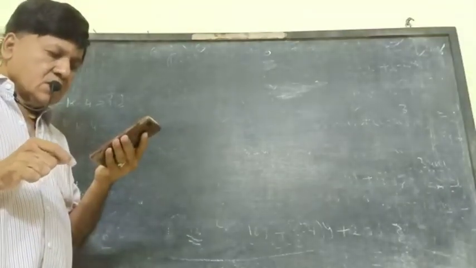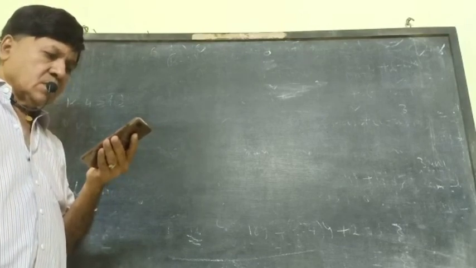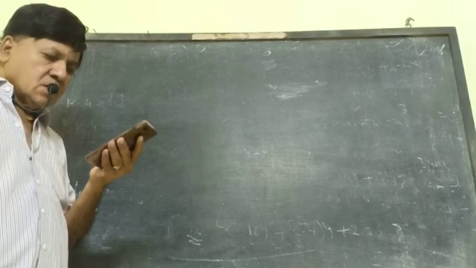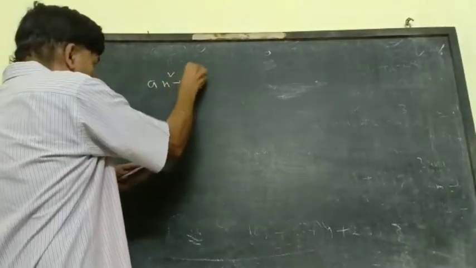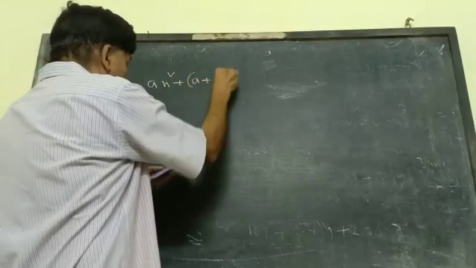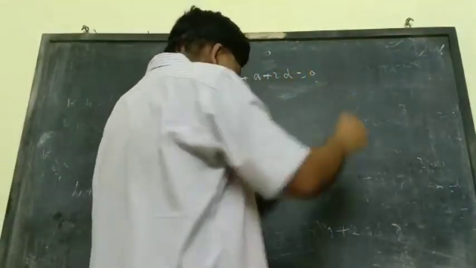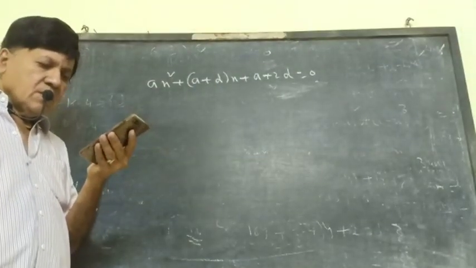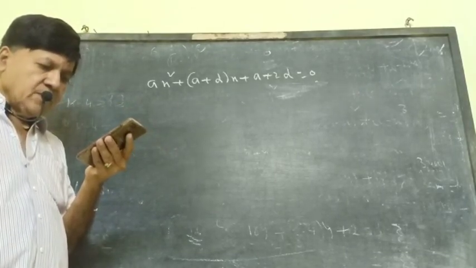The next question is: ax square plus (a plus d) into x plus (a plus 2d) is equal to 0.